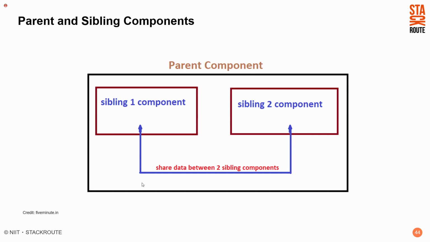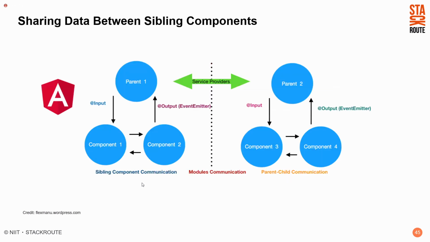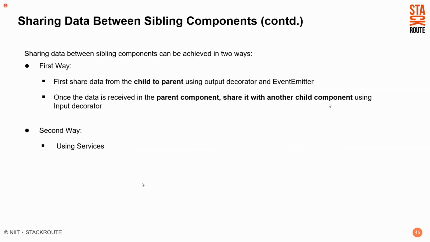But if I want to share data between two siblings of one parent, there are some ways. If I want to pass data between two different components, we have something called service providers. We will discuss this in an upcoming session. We will use services to communicate between one component and another component.